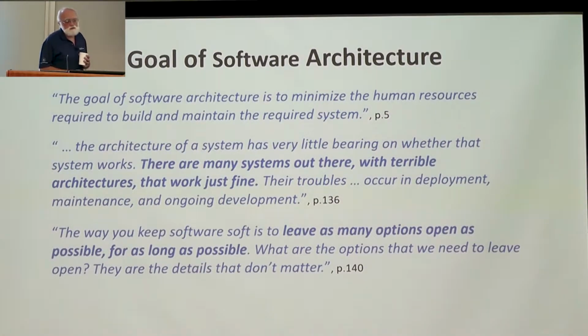The way to keep software soft is to leave as many options as possible open for as long as possible. And that includes deciding on the framework you're using, on the database you're using, and whether to build a desktop interface or a web-based interface for the system. Those are details.